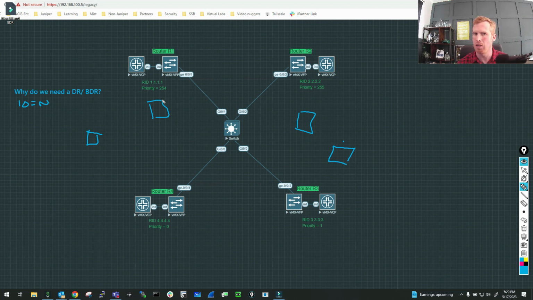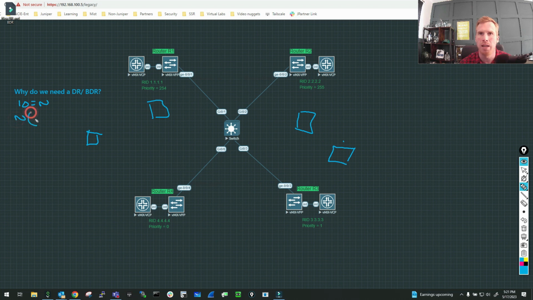Now that doesn't sound like a lot, but don't forget with OSPF the routers have to build an adjacency to one another, and whilst 10 doesn't sound like a lot, when it comes to the adjacencies they have to build to each other of those 9 routers, it actually really adds up quite quickly. And there's actually a calculation to do this.